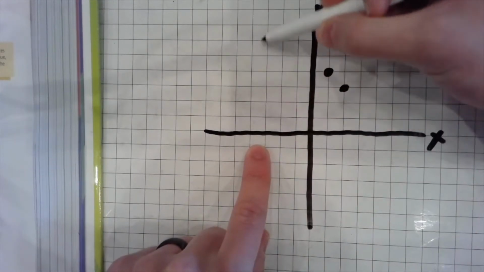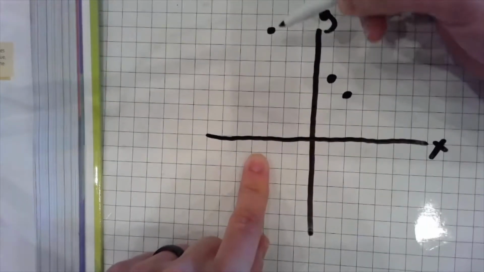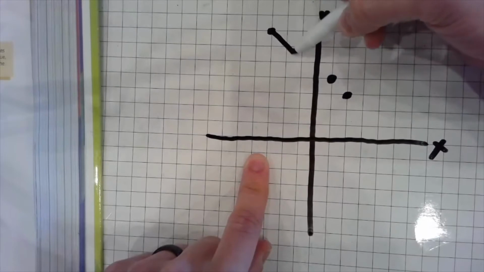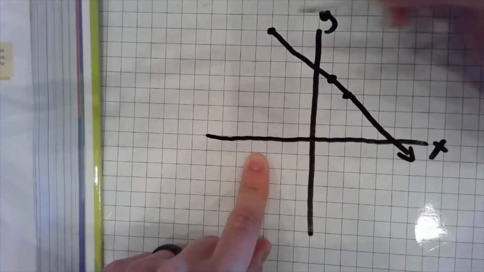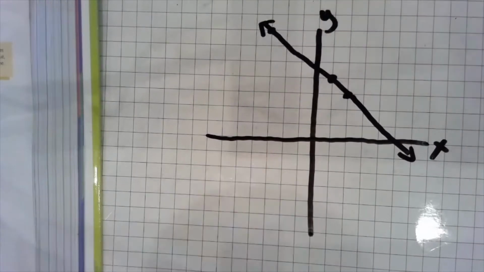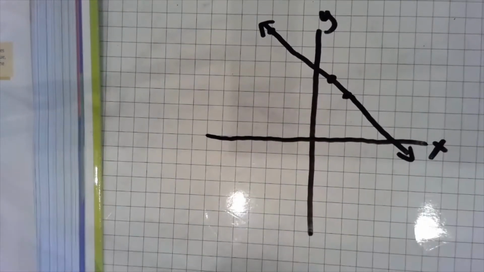There we go. So when you end up graphing all of these, it ends up giving you something that looks a little something like that. Let's come back to the book for a second and see what they're asking us then.